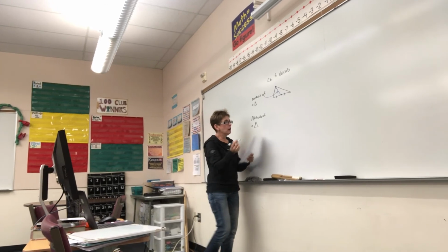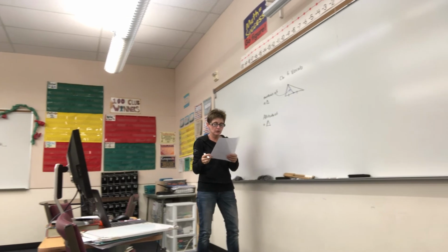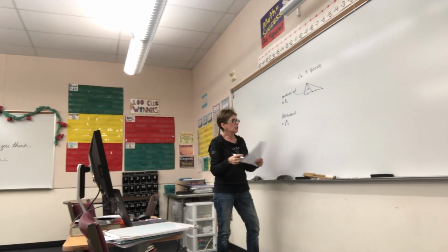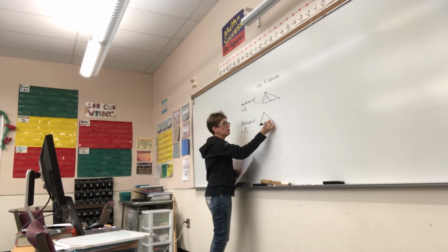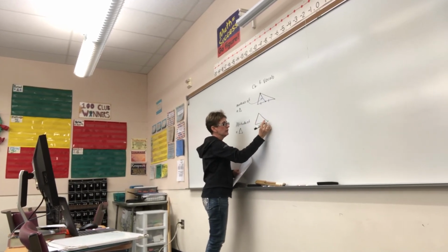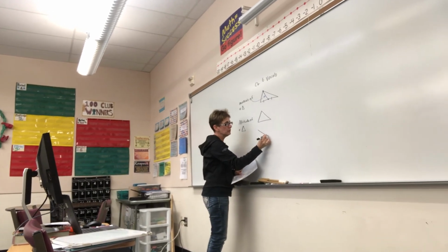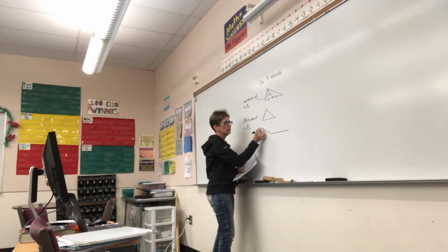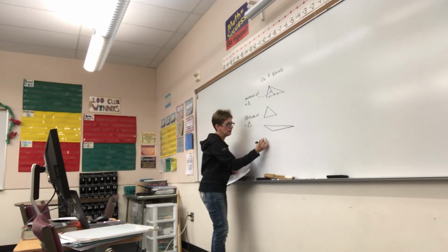Let's draw an acute triangle first. Then let's draw an obtuse triangle, like this. And then let's draw a right triangle.